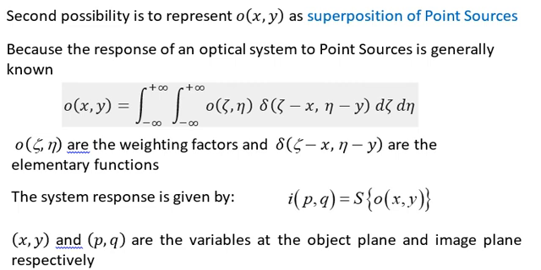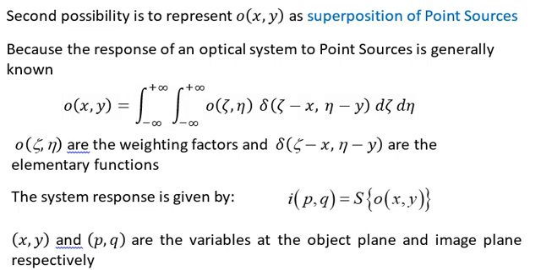If you use the definition of the delta function, that is zeta equal to x and eta equal to y, you will get the same thing on the right-hand side as on the left-hand side. So both sides are the same thing, but we can use this equation for some useful results.